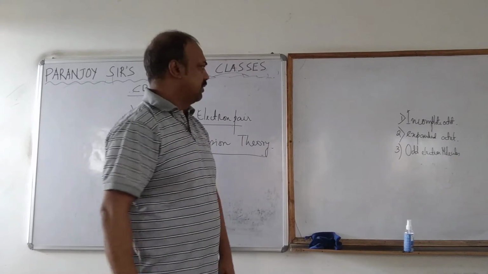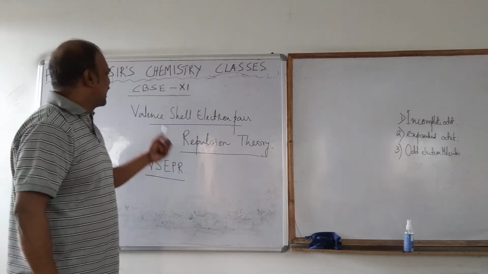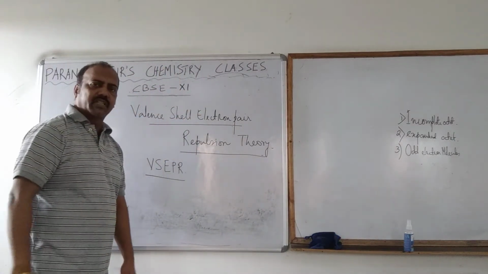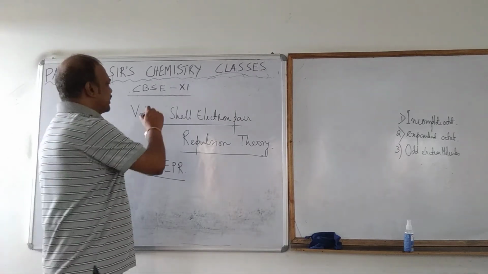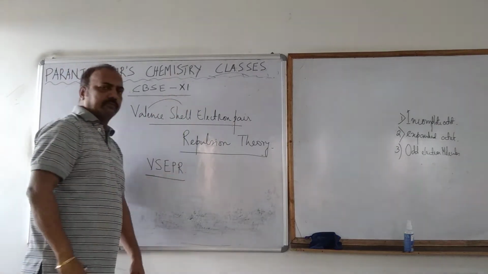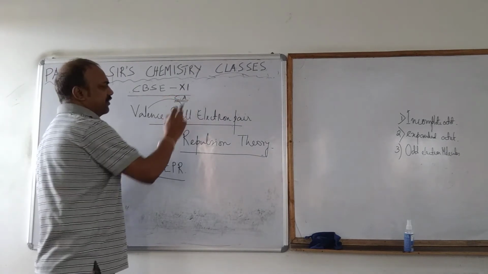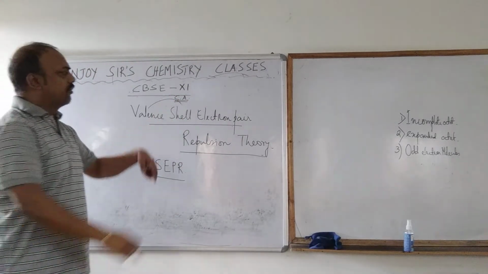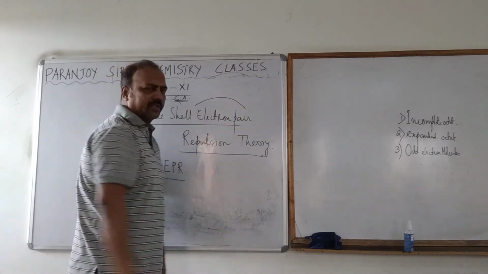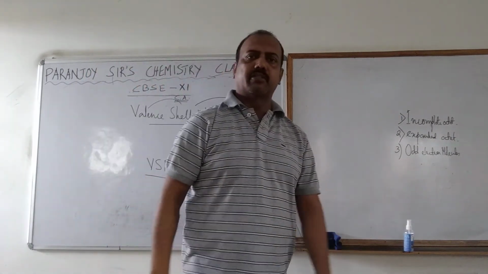That's first part. The next part is that valence shell. Whose valence shell? The valence shell of the central atom. Electron pair. You know, electron pairs are there in the valence shell of the central atom.